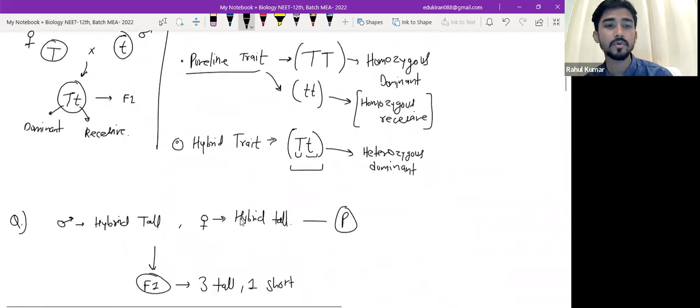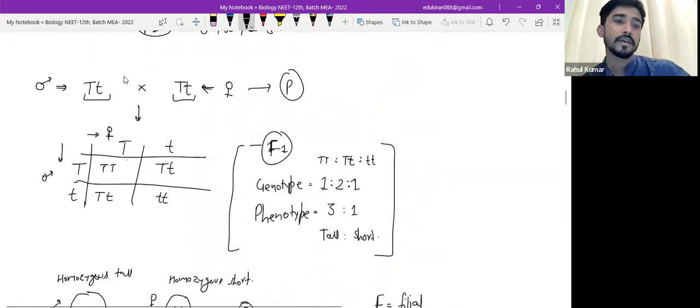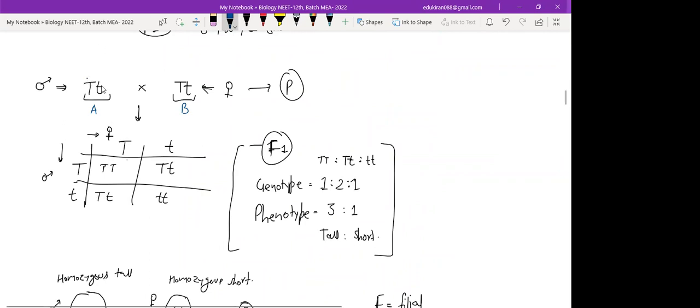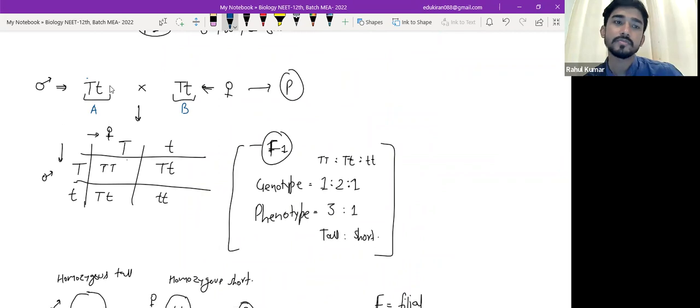In the law of dominance, this is one parent, Parent A, and this is parent B. This allele is dominant over this allele: capital T is dominant over small t. But when we were making gametes, did it ever affect it? In gamete formation, always one allele independently got segregated. Yes or no?